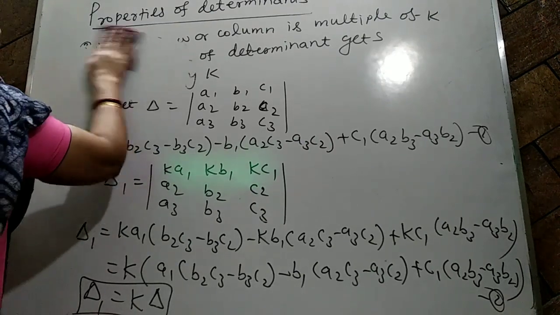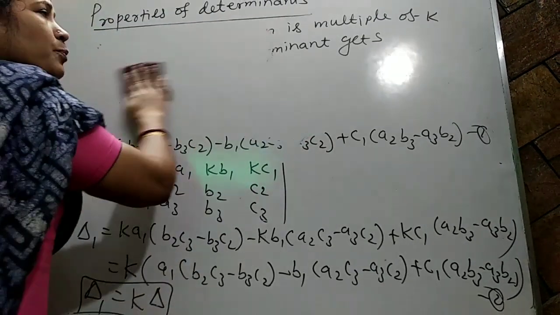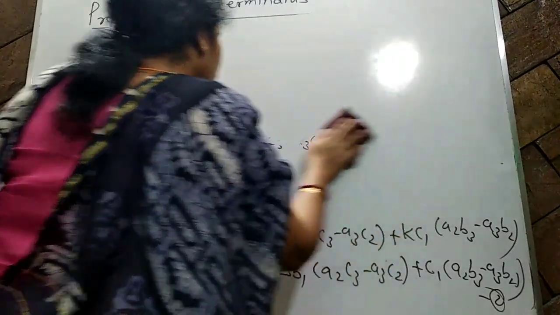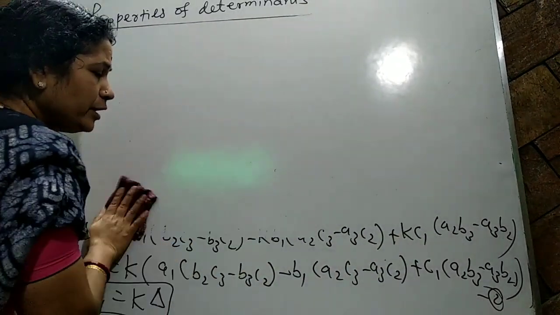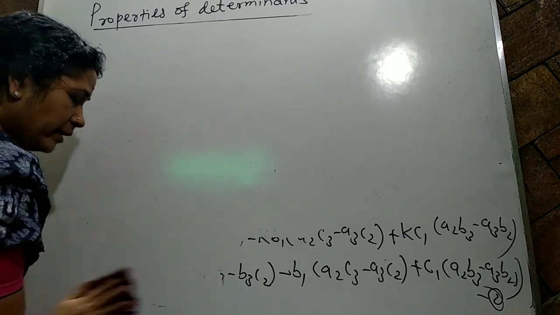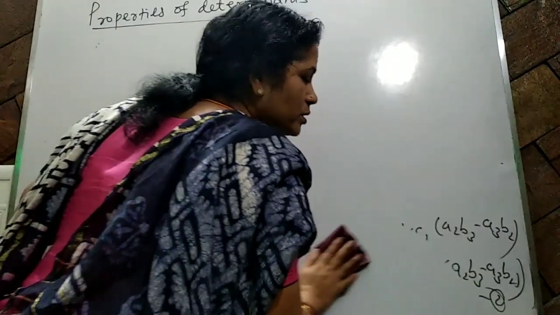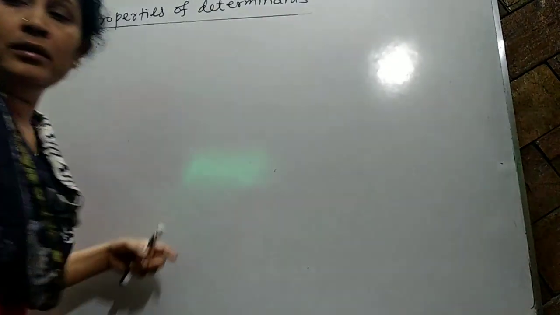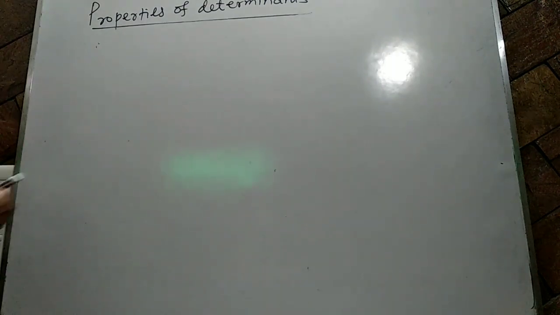Now I'm taking property number 4. Total there are 6 properties written. So now the fourth property, write: if any two rows or columns are identical, then the value of determinant is 0.